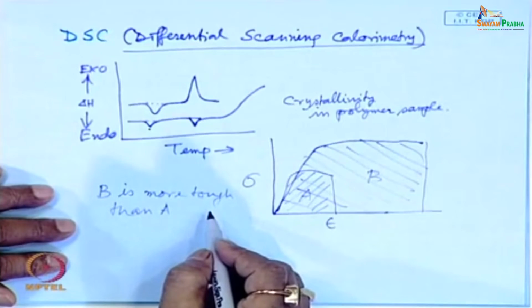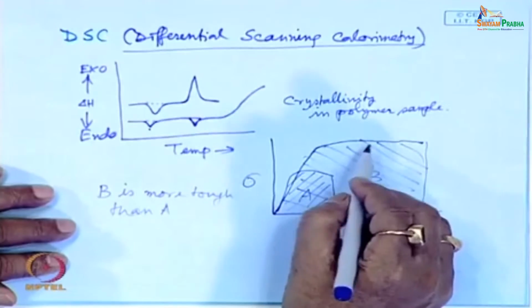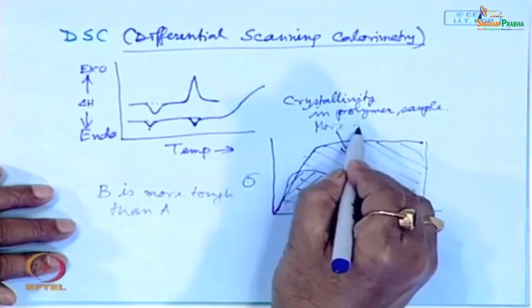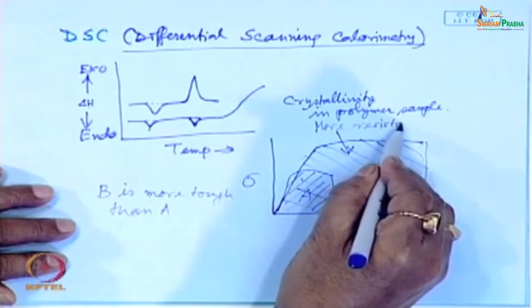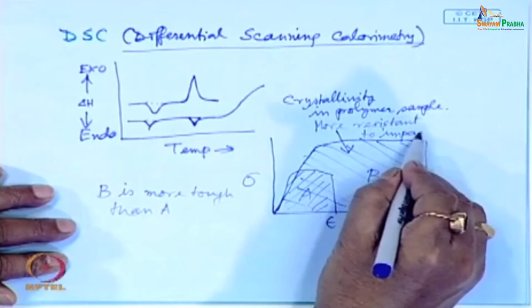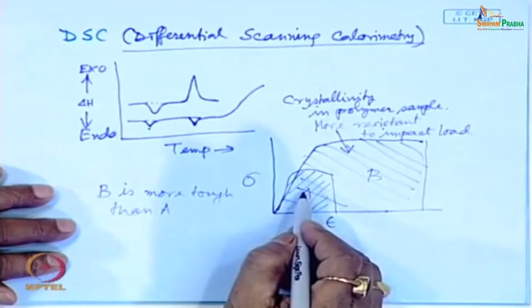What does it indicate? That means it can withstand more stress and absorb energy before failure. So, this material will be more resistant to impact load, whereas this will be less resistant to impact load.